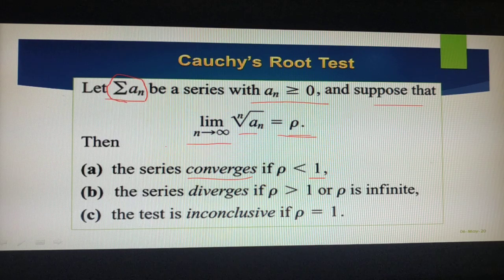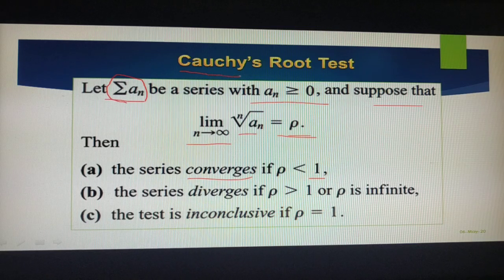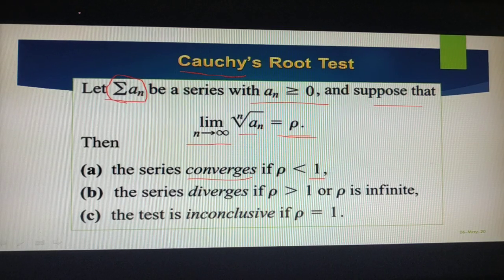Then we have to check whether this infinite series of positive terms is going to converge or diverge. This is possible by checking with some tests. So today we consider this Cauchy's root test.